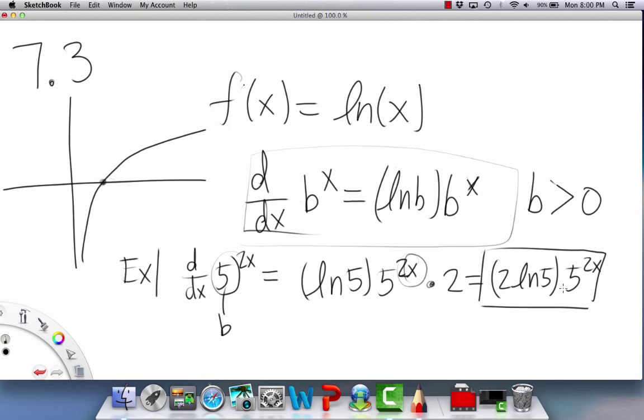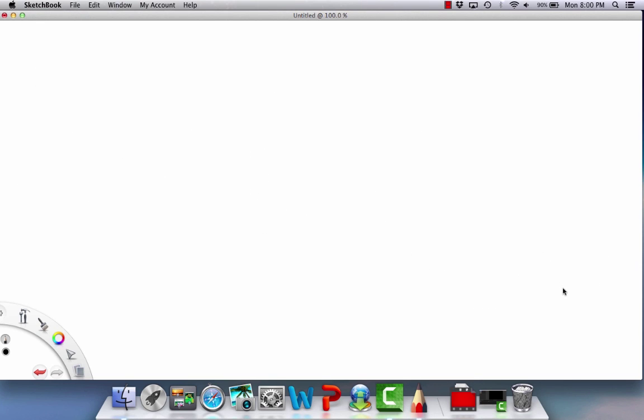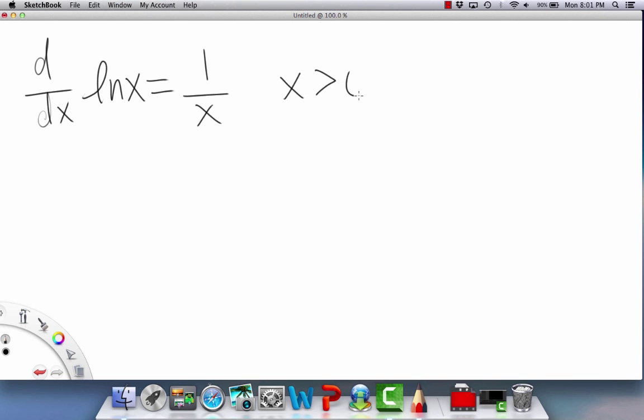It's pretty simple. Okay, alright, so now we have another formula. So d/dx of ln x equals 1 over x. Okay, that's a pretty fun one. Also, this is assuming that there's a 1 in front of the x again.